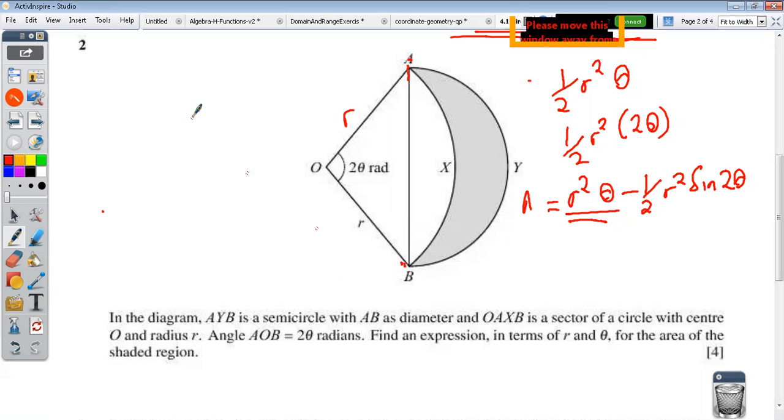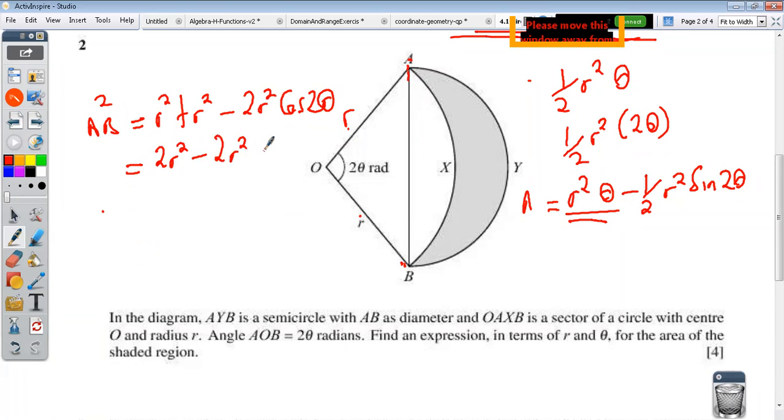AB squared is equal to this side squared plus that side squared, minus 2 times that cos the angle between them, which is 2 theta. So it is 2r squared minus 2r squared cos 2 theta. Remember, this is AB squared from O level. What you want is AB, which means the square root.